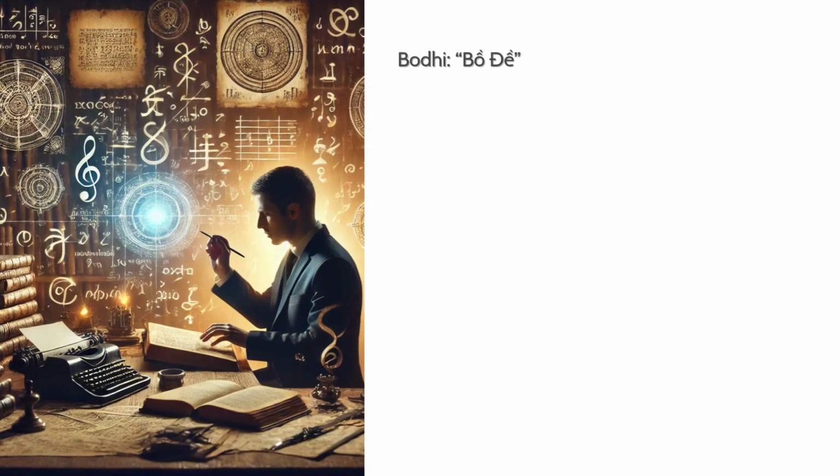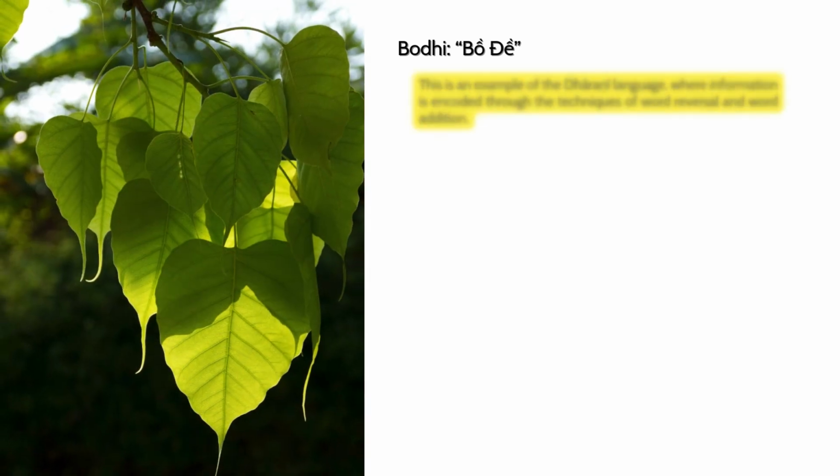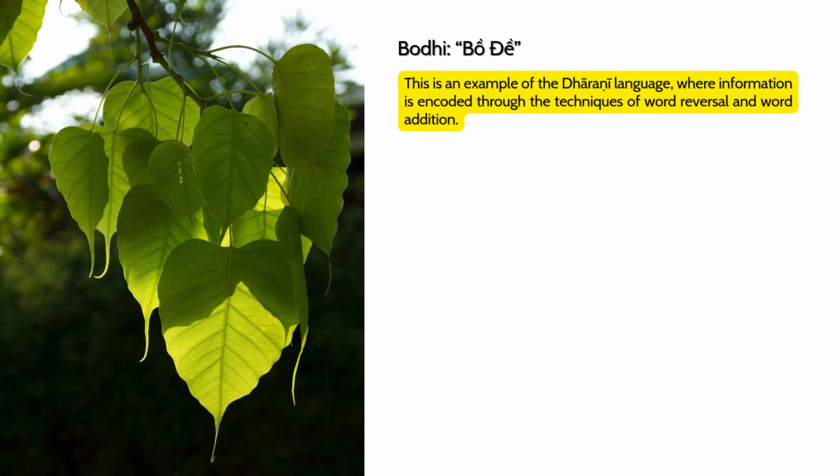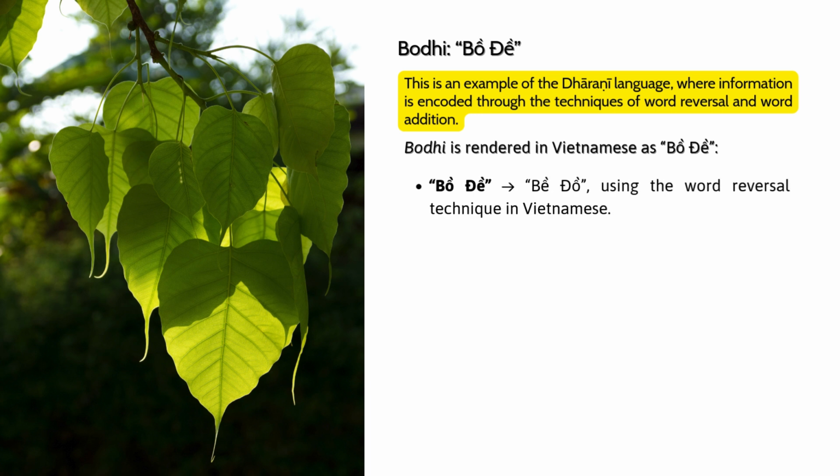And now, we will decode the name of the Bodhi tree in Buddhism. This is an example of the Dhāraṇī language, where information is encoded through word reversal and word addition in Vietnamese. Bodhi is rendered in Vietnamese as Bode, in which the word Bode is reversed into Bido.